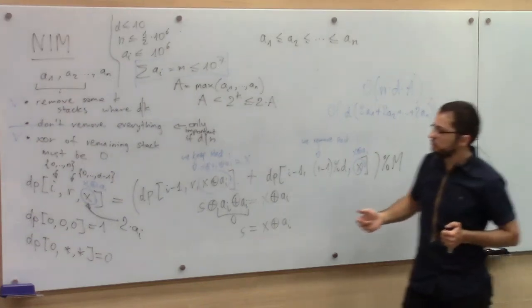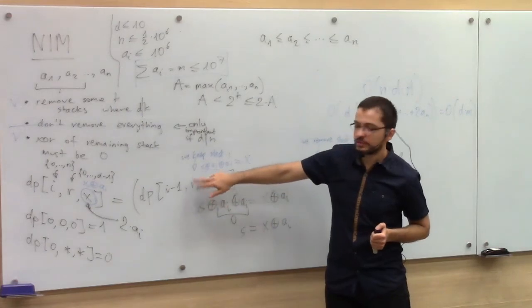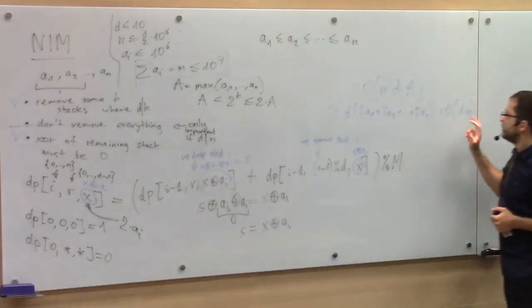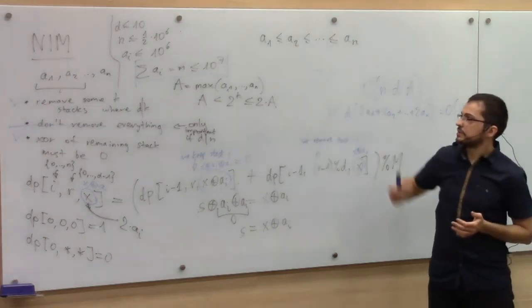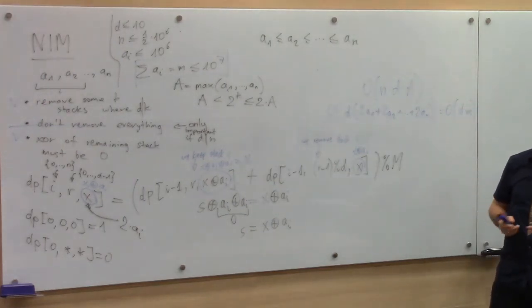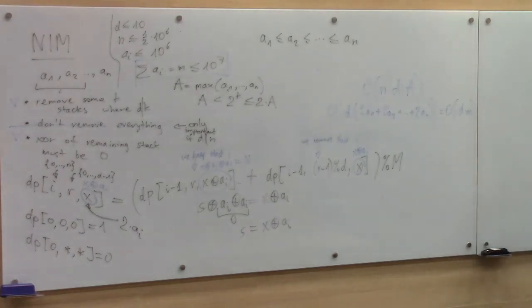And of course, we treat this D separately, so we are multiplying it by D. Okay. So now the time complexity looks reasonable because we have 10 times 10 to the 7th, so it's like 10 to the 8th, so it should pass the time limit.